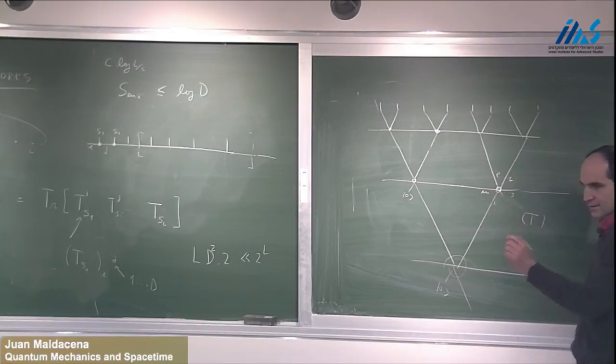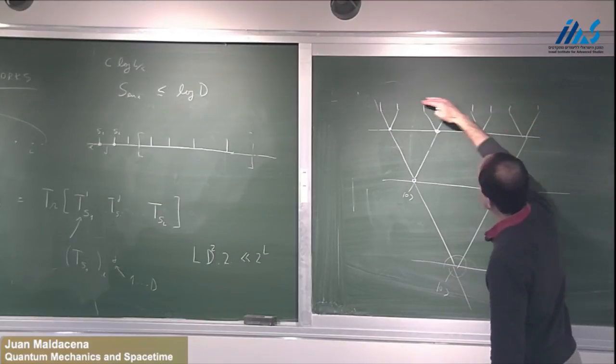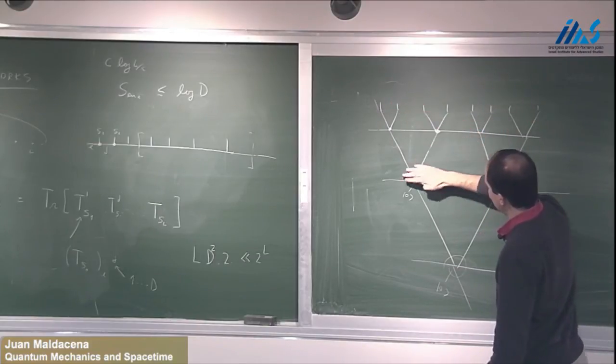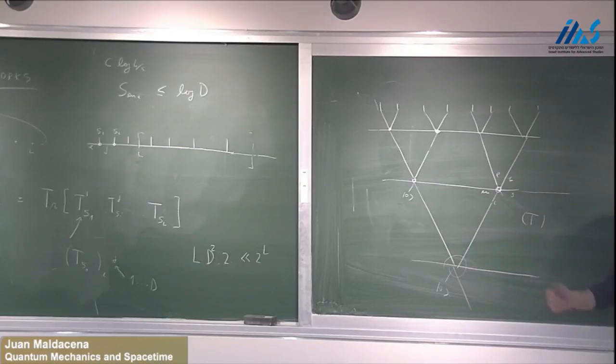No, I meant also horizontally, you can read the state at every horizontal line. No, the state is only read here, right? All the states here in the middle are just some approximation. These indices D are not physical. They are some auxiliary construction.